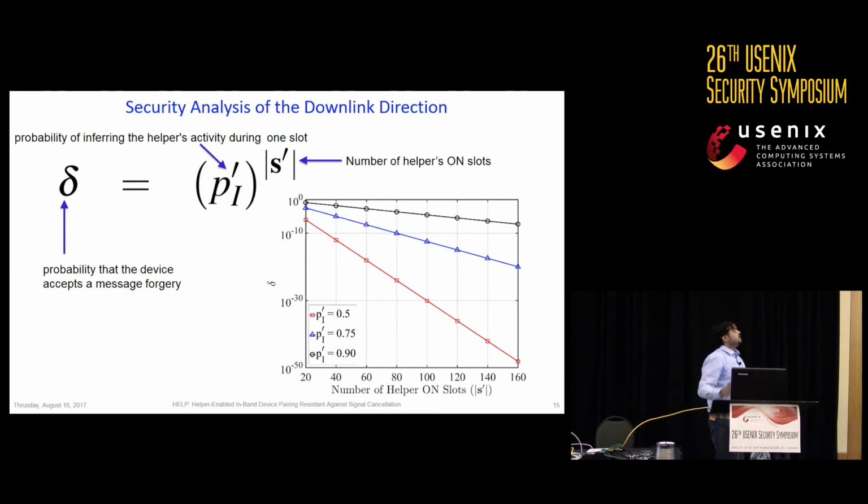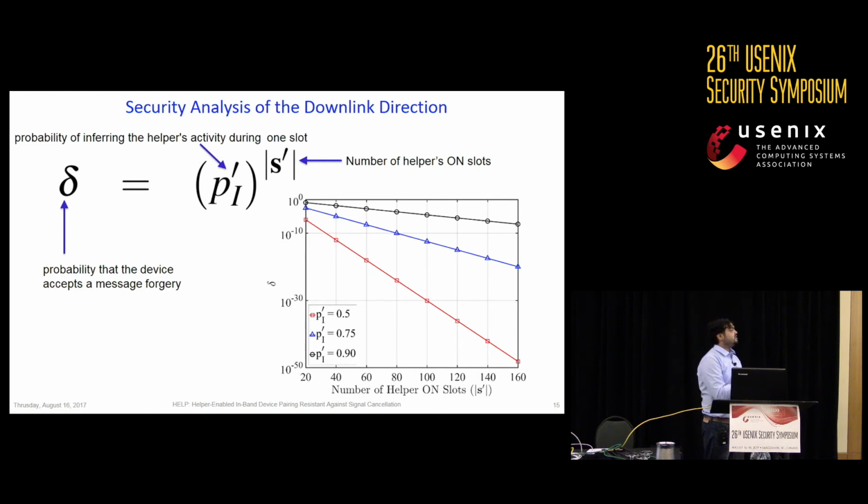The probability for the downlink direction is relatively different from the uplink, because here the pi prime is different, as this attack can be done offline, while the one on uplink requires an online probability of inferring the helper signal. And also S prime, the vector, is different, because this is the vector only on during the transmission of the message, not the hash.